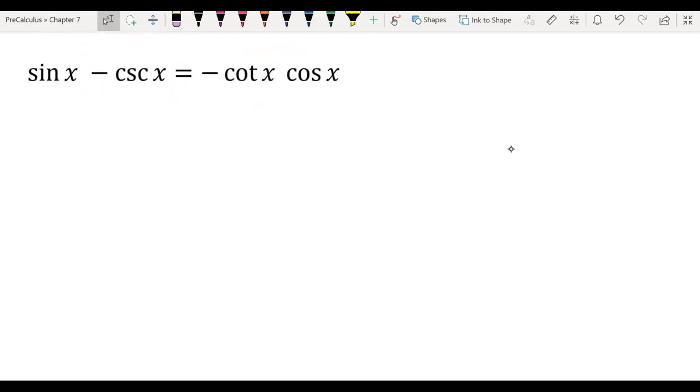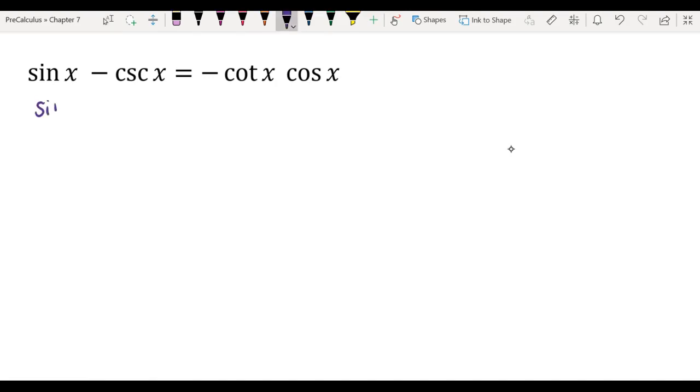All right. So here's the next version that we have. We have sine of x minus cosecant of x equals negative cotangent of x times cosine of x. We only do the left-hand side, yep. So first, we need to change what? Cosecant. Good.